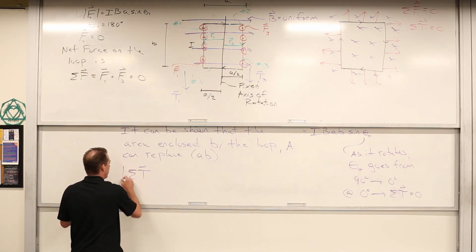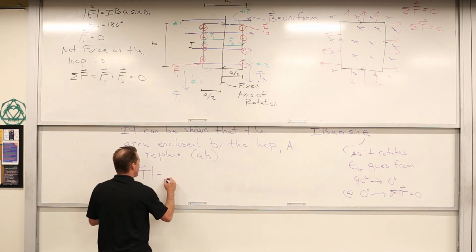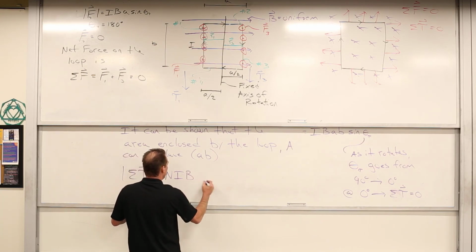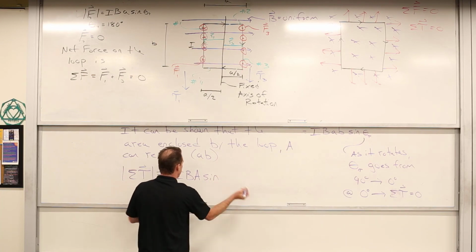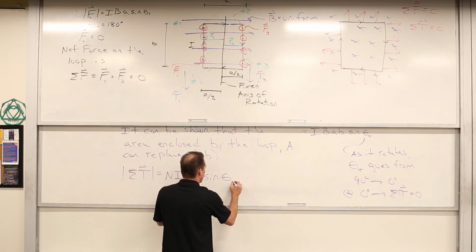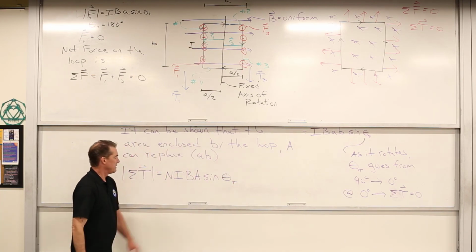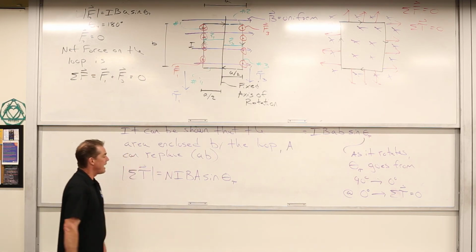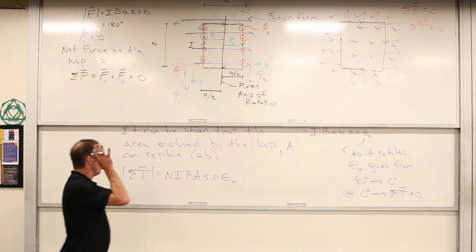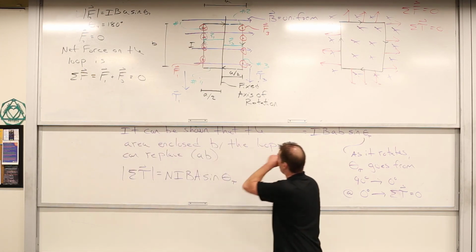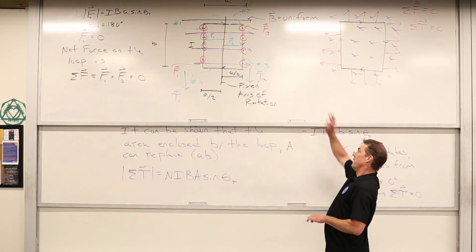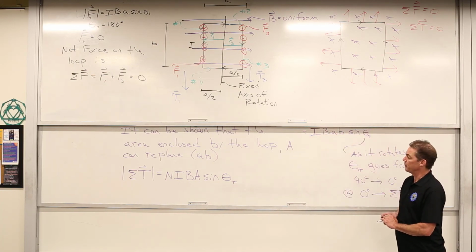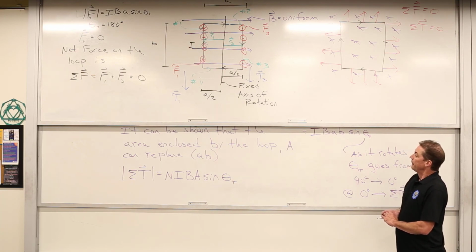The net torque can be written as NIBA times the sine of theta sub tau. A is the area, B is the magnetic field strength, I is the current, N is the number of loops, and theta is the angular orientation of the loop with respect to the angular association of the radial vectors with respect to the force vector. That's it.